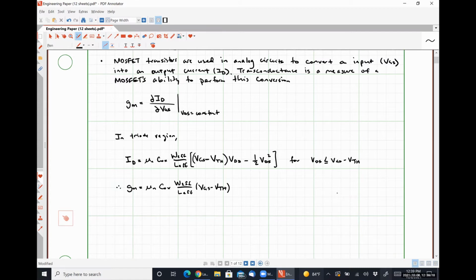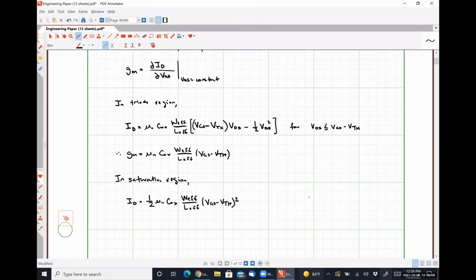All right, so in the saturation region, we know that ID is equal to 1/2 mu n Cox W effective over L effective times VGS minus VTH quantity squared.